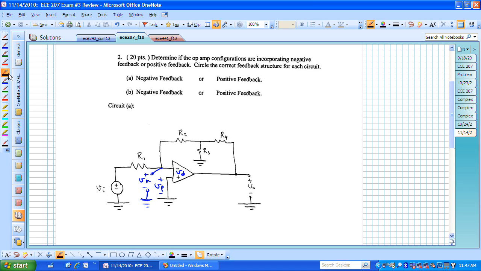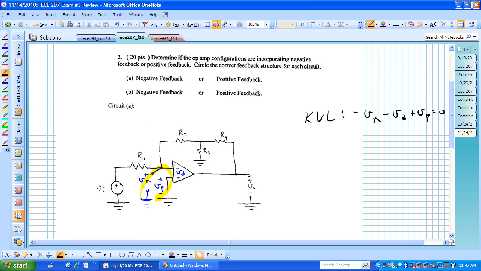Now we can actually see that if we did a KVL in this particular fashion, we would have minus V sub N minus V sub D plus V sub P equal to 0.